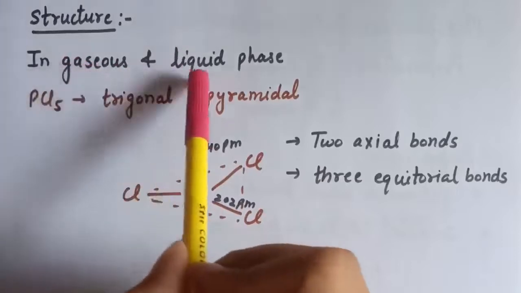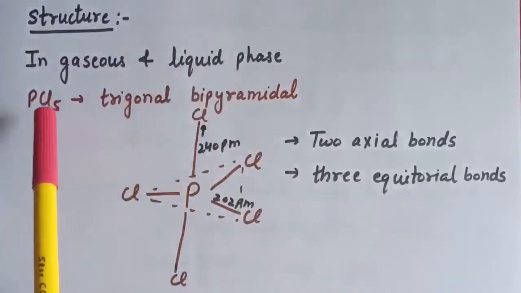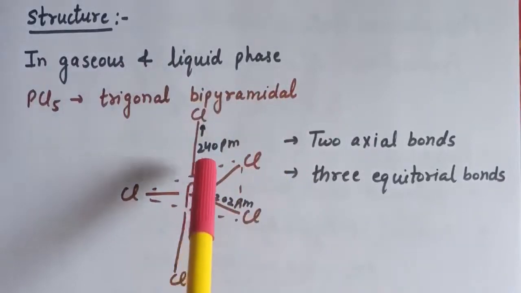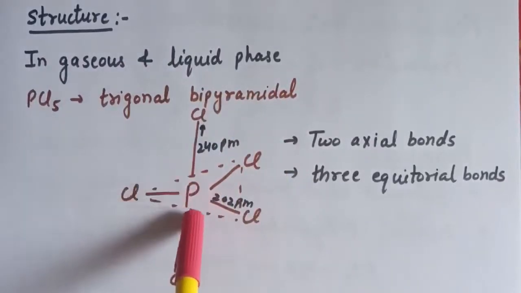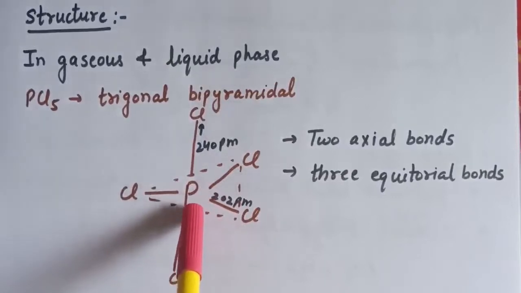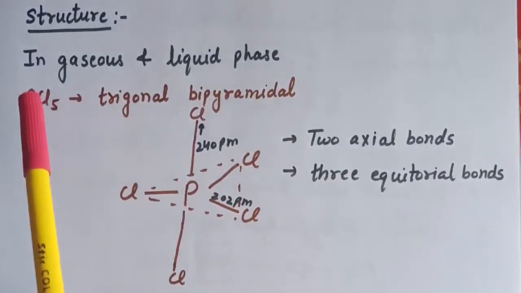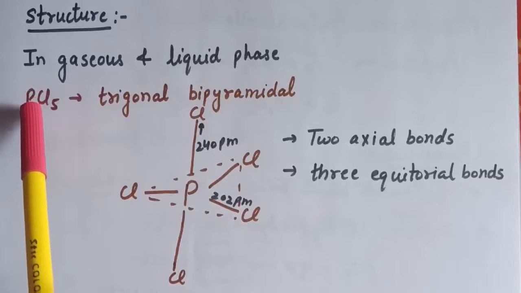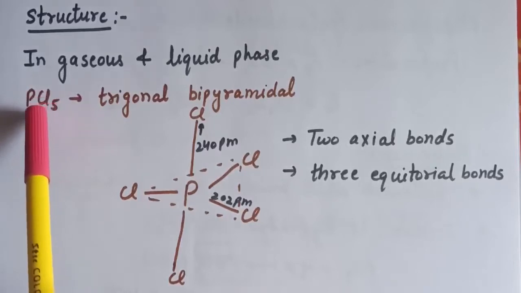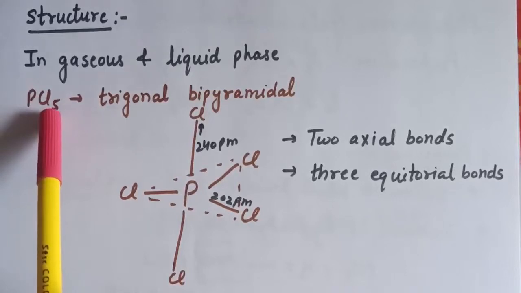In gaseous and liquid phase, the structure of PCl5 is trigonal bipyramidal and the hybridization of the central atom is sp3d. We can calculate with the formula, that is half into, here we have 5 electrons in phosphorus and it is forming 5 single bonds with chlorine.